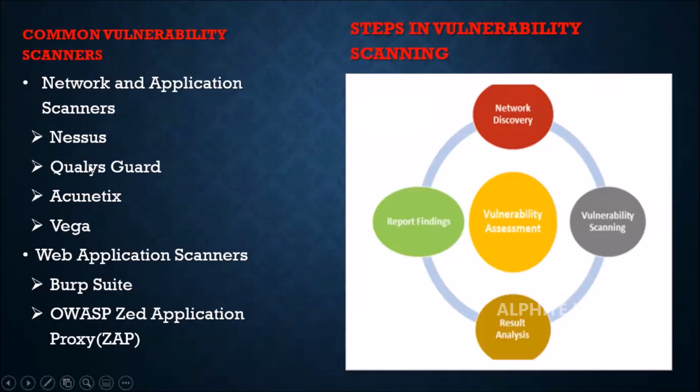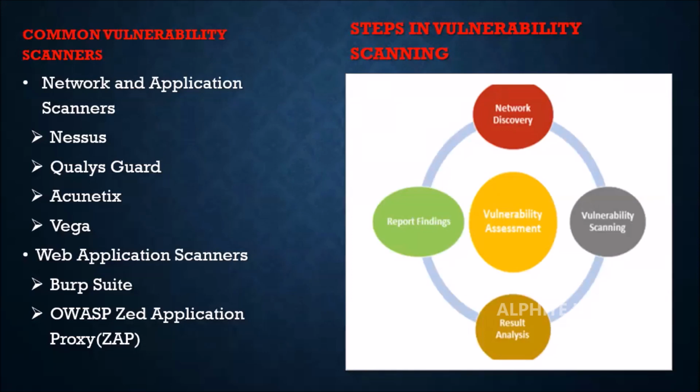Nessus and QualysGuard are like the market leaders, commonly used in most organizations. And Acunetix and Vega. Vega is an open source version. You could even download and install it on your laptop, or if you have VMware, you could install and run those machines for vulnerability scans.